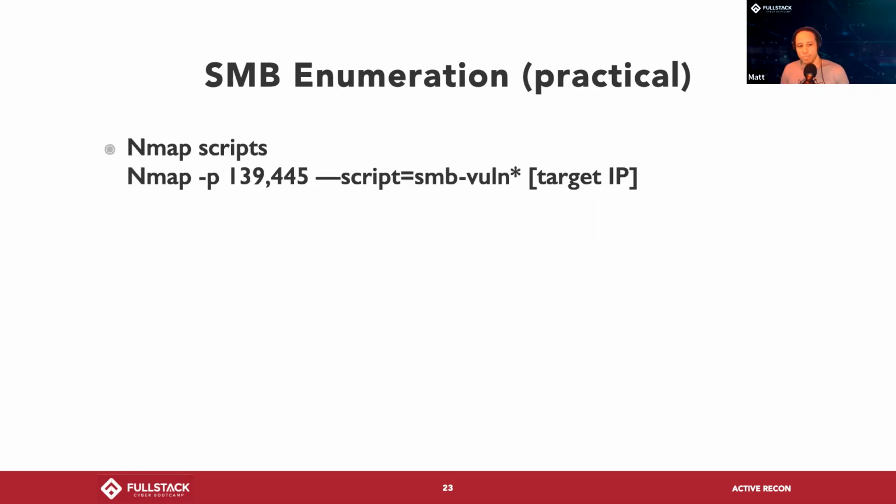With that --script, I'm saying, hey, run smb-vuln-star. So run every script that starts with smb-vuln on my target IP. I'll run that if I see SMB running. What that will do is Nmap has a bunch of scripts that will check to see if there's a vulnerability available. And then it'll let me know. If it's available, whoop-de-doo, right? We can do something maybe.